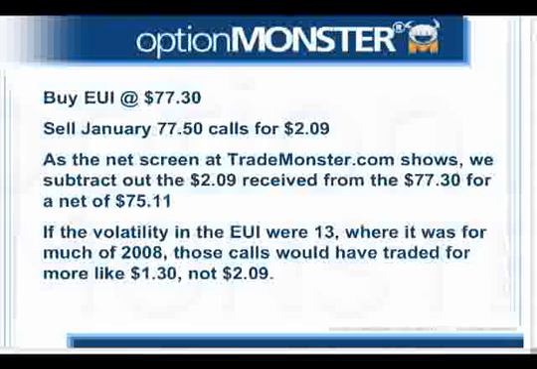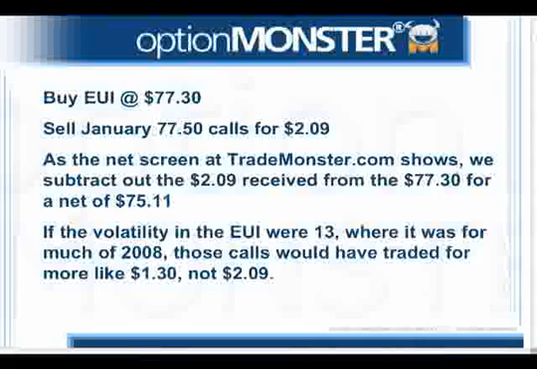Now, if the volatility were where it had been in the median for the last year, which is towards the lower end, not in the single digits, but certainly in the lower teens, those calls would have been more like $1.30 instead of 2.09. So that extra bit is what we're trying to take advantage of by having the volatility be higher.